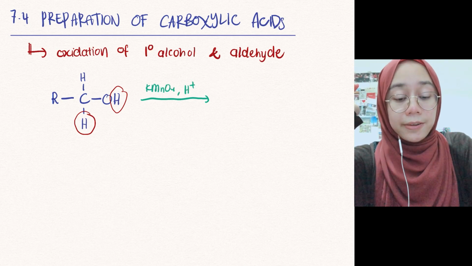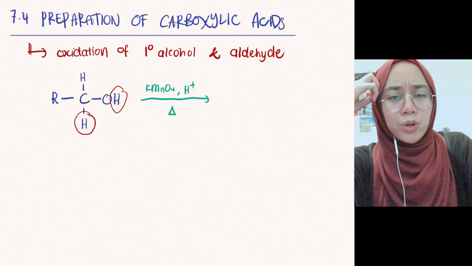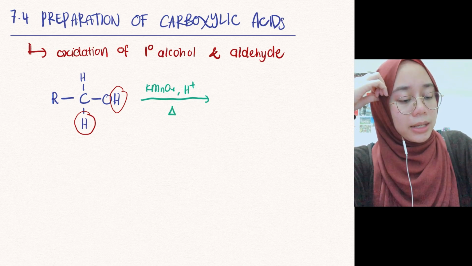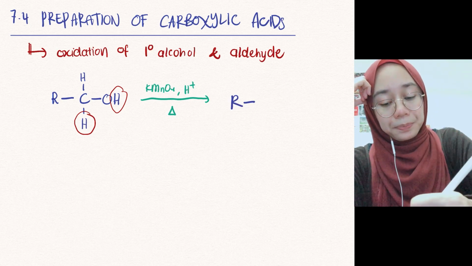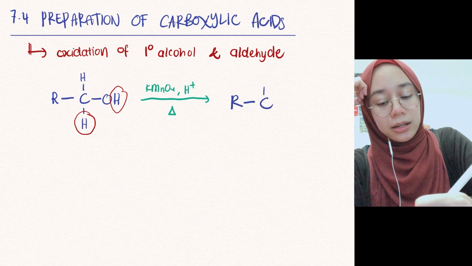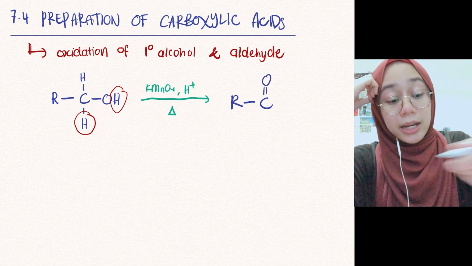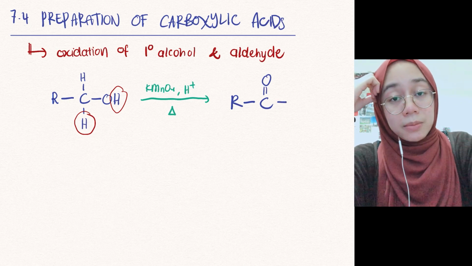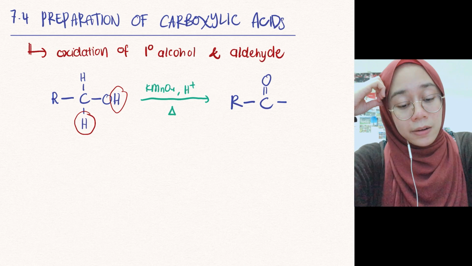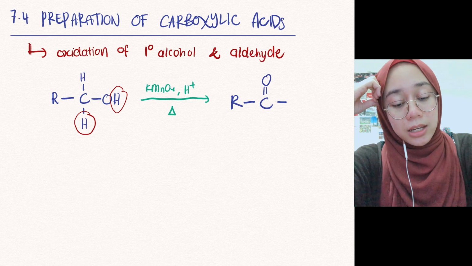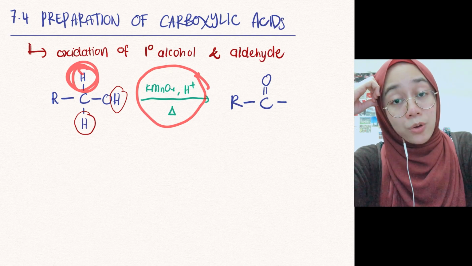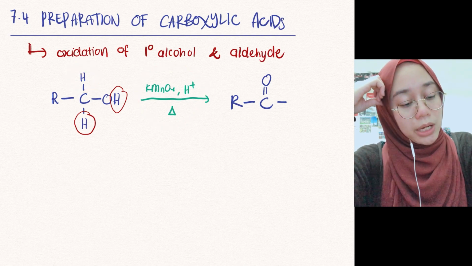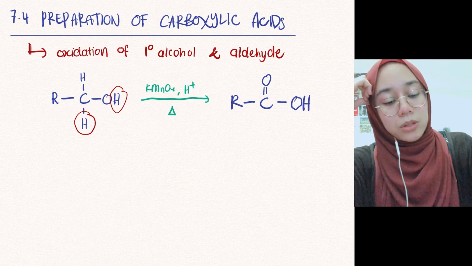It has to be in acidic reagent, and then there must also be heat. Okay, so what happens is that we will form, the way Miss wrote it in the general formula is not very good. What remains is double bond O, with O only, and one H there. But because there is an H, and Miss is using a strong oxidizing agent here, despite us using a strong oxidizing agent, the H that remains, what happens is that we add oxygen there. Okay. So that is why we will get carboxylic acid.